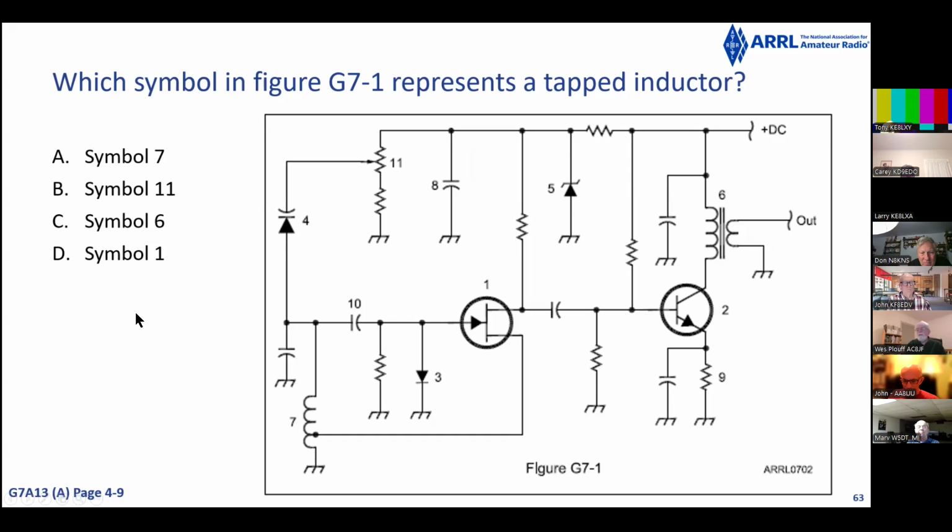Now, the reason you want a tapped inductor is that in some circuits, particularly filters, you'll want to connect another component so that you don't have to use two inductors.